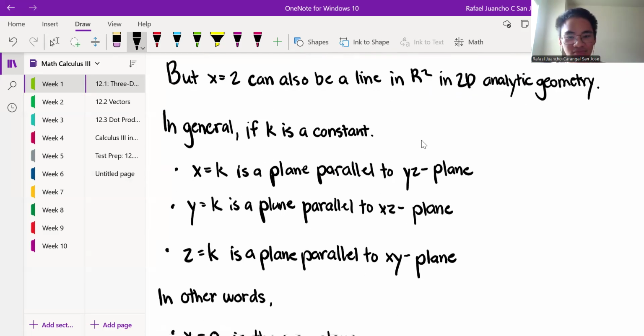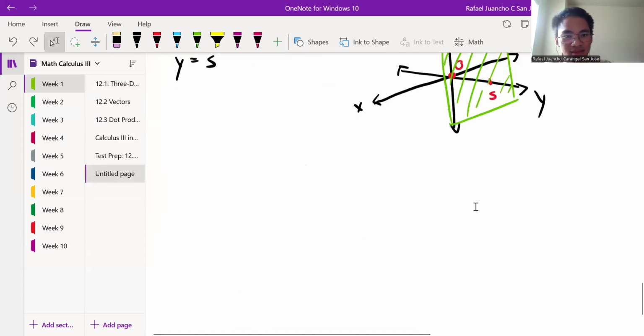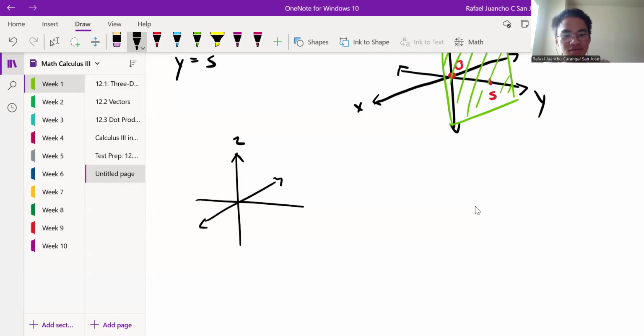So in general, this is where it gets algebraic. k is a constant. k could be 2, k could be 3, k is any real number, I'm assuming. If x is k, then this is a plane parallel to the yz plane. How do we know? We can test it. So we redraw our thing.